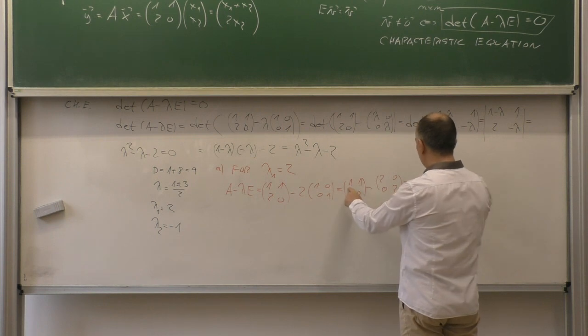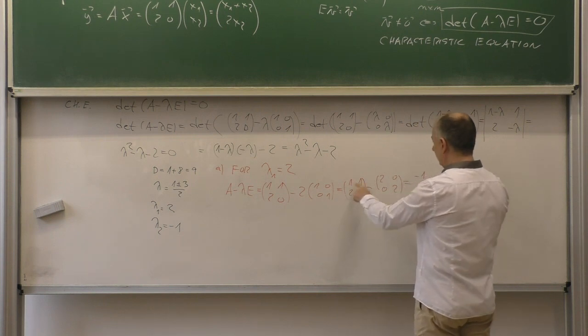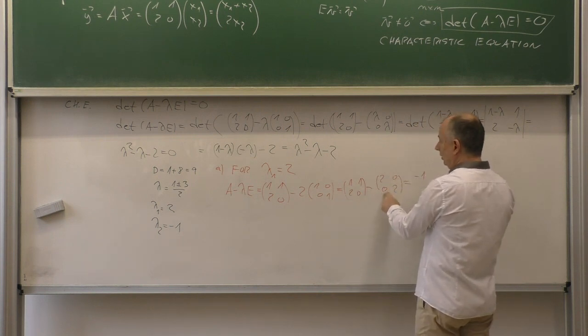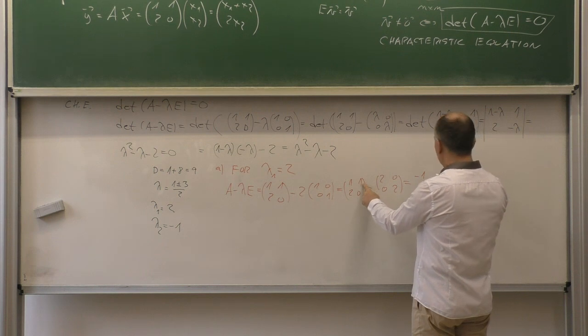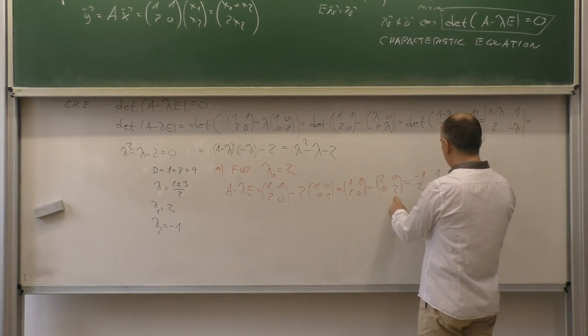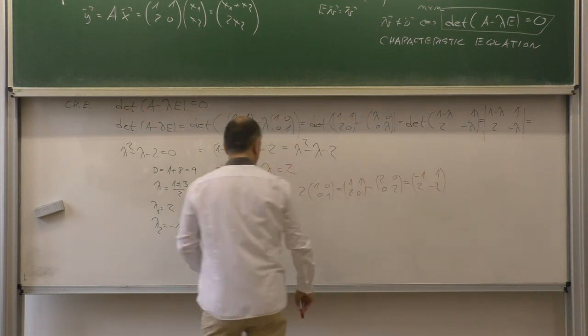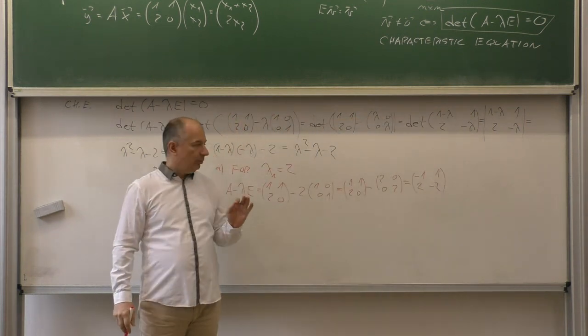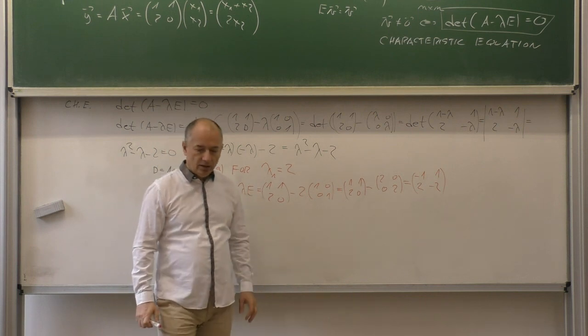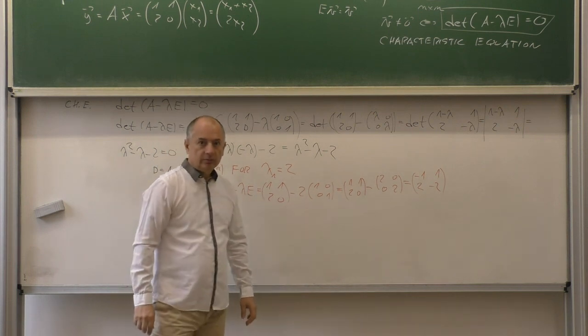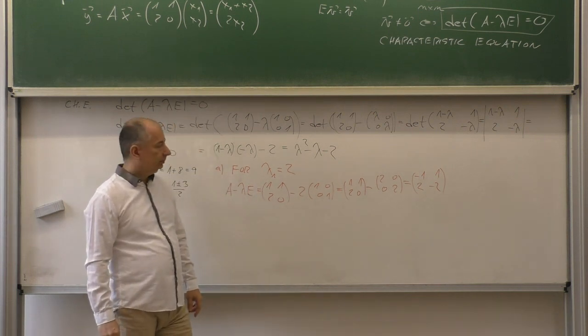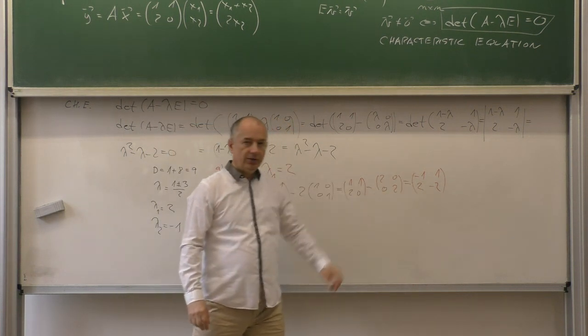1 minus 2 is minus 1. And we subtract 0, that means we leave unchanged these 2 values. And then from 0 we subtract 2. At this moment, it's a good idea to lay down the pen and look at this matrix.